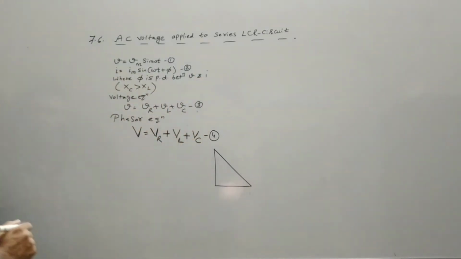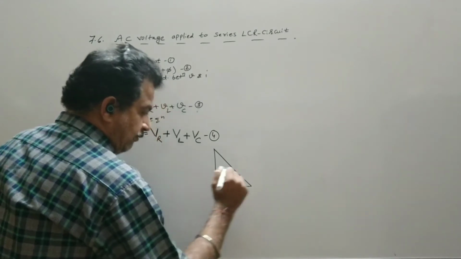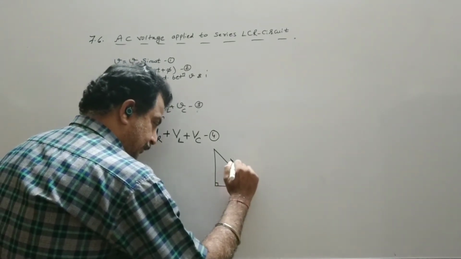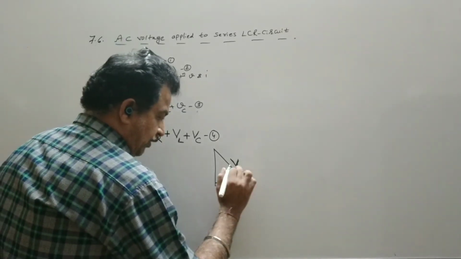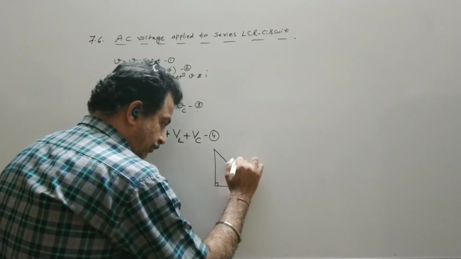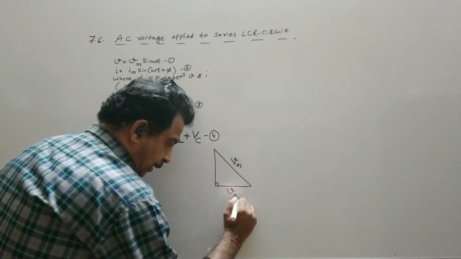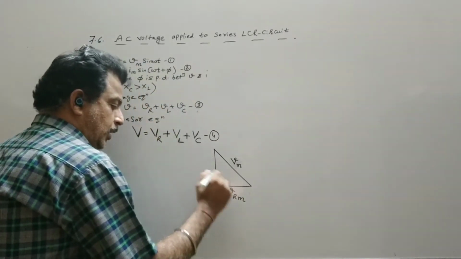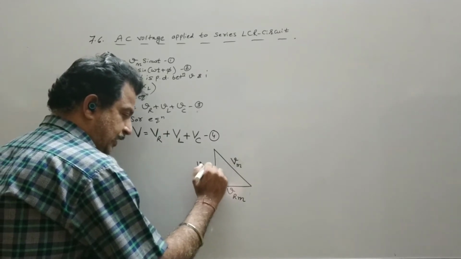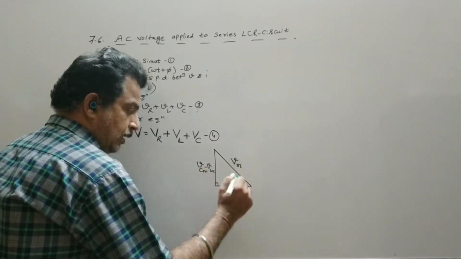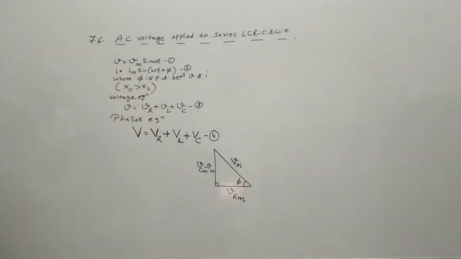Separately, if we draw this phasor diagram, it was a right angle triangle where this was the phasor V, which was written as Vm. This was VRM, the maximum voltage across the resistance, and this was VCM minus VLM, and this was the angle phi, the phase difference.